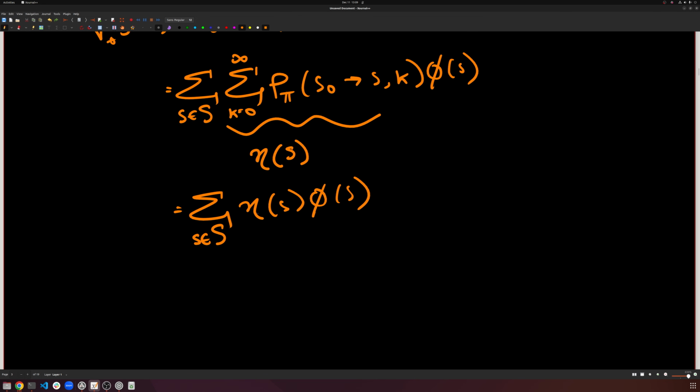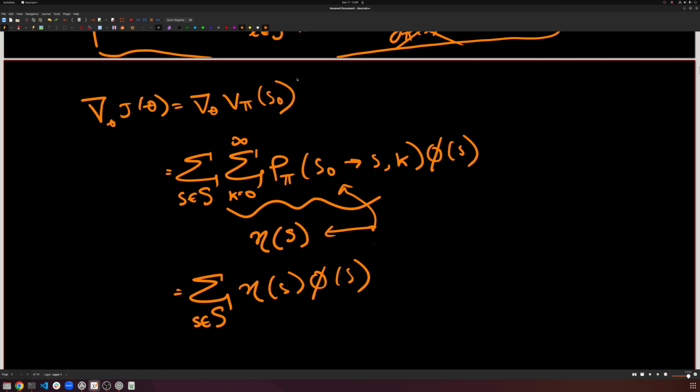Essentially the way you can interpret all of this stuff up here is that it's an accumulation of all the transition probabilities over infinitely long trajectories. Because this is basically the sum of a 0-step trajectory plus a 1-step from s0 to s, 2 steps from s0 to s, 3 steps from s0 to s, so on and so forth.